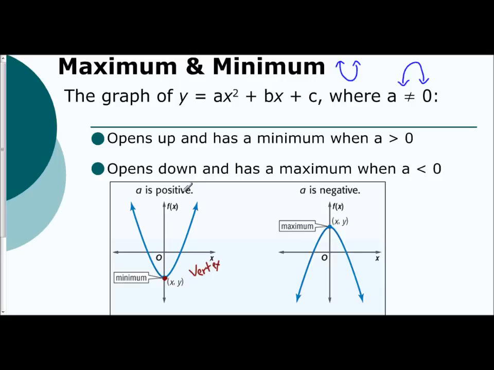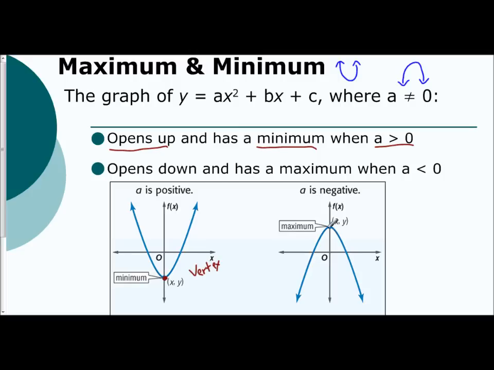And that occurs when a is positive. So if we know our leading coefficient is positive, the graph is going to open upwards, which means our vertex represents a minimum point. If the graph opens downwards, that means your a is negative because it flips the graph.